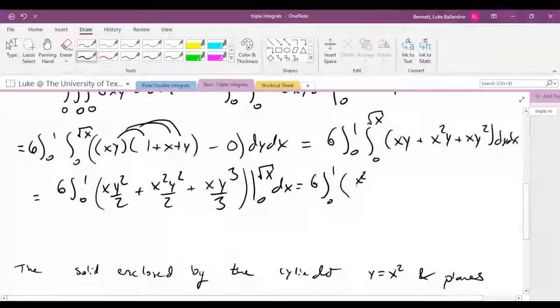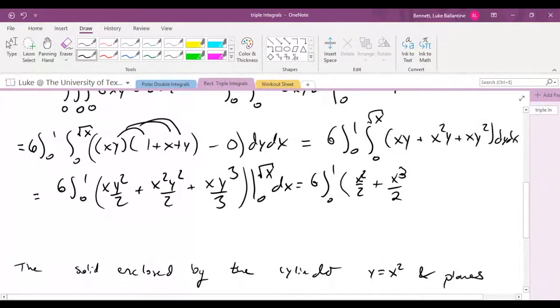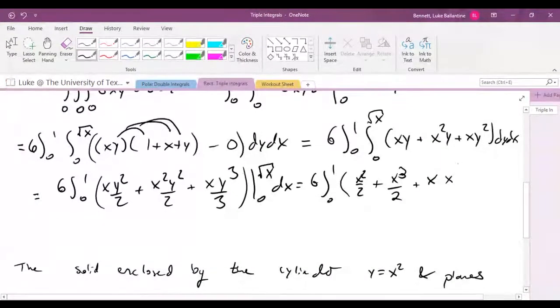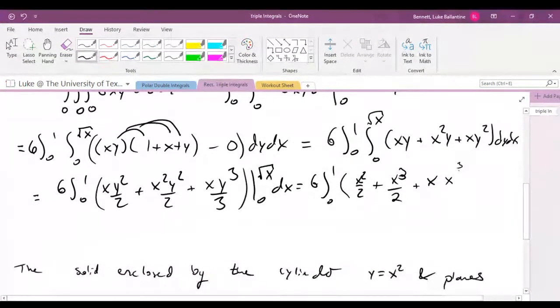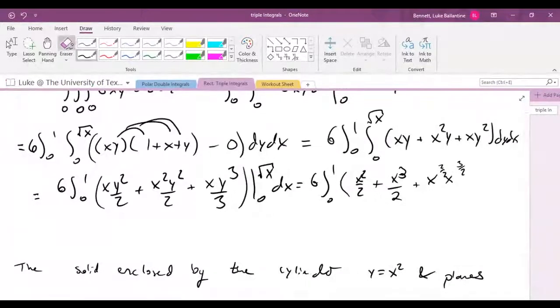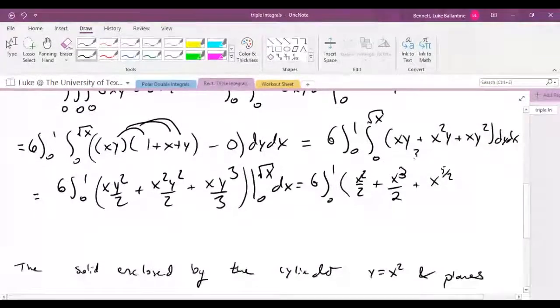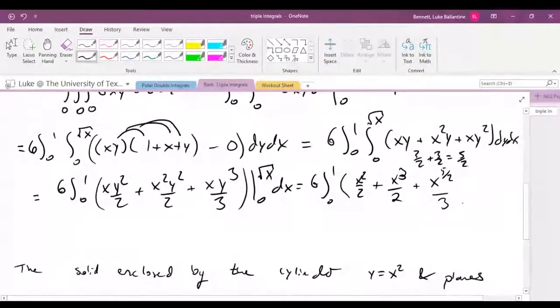So we have x squared over 2 plus x cubed over 2, because we have x times x squared divided by 2. Plus x times x to the 3 over 2, and isn't this just x to the 5 over 2? Because we have 2 over 2 plus 3 over 2, 5 over 2, over 3, dx.